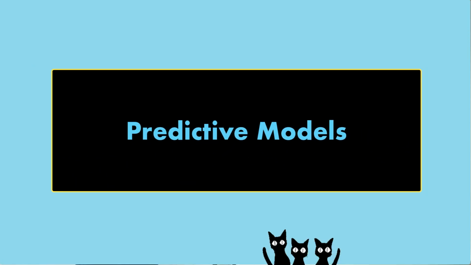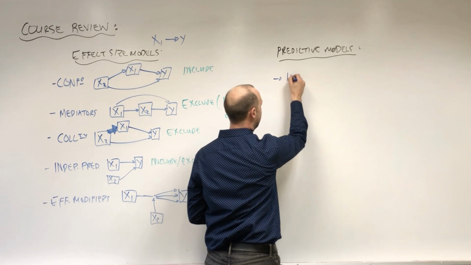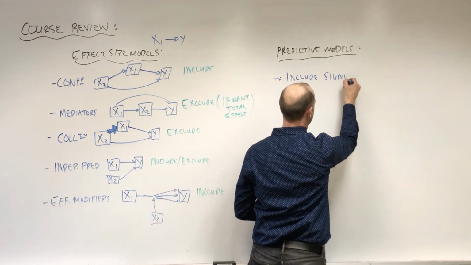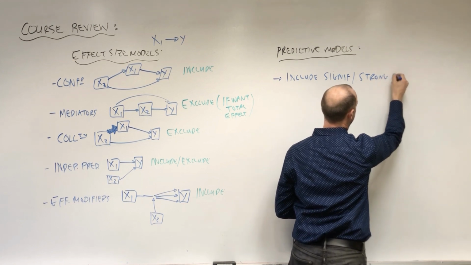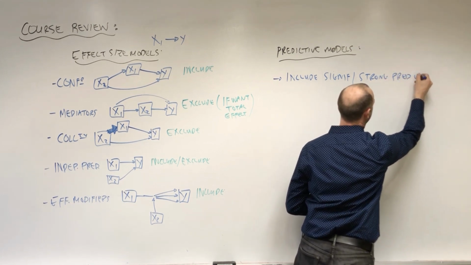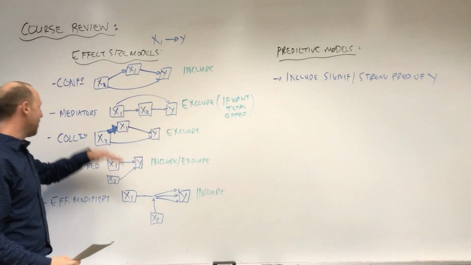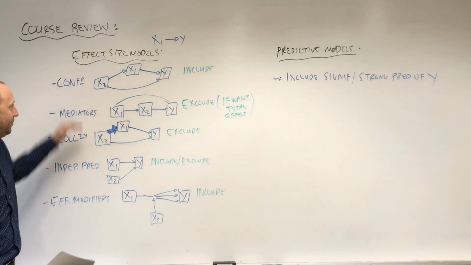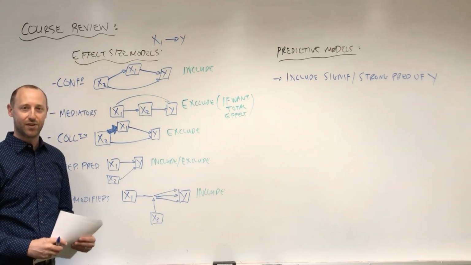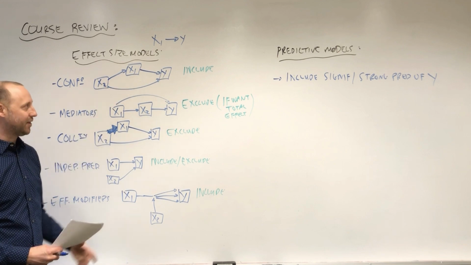Then we spent less time, but we also did talk about predictive models. And here we said really our focus is on including significant and strong predictors of the outcome. Confounding actually does not exist in a predictive model. If we're not going to interpret the effects of certain variables, it doesn't really make sense to worry about the effects of two variables being stuck together.